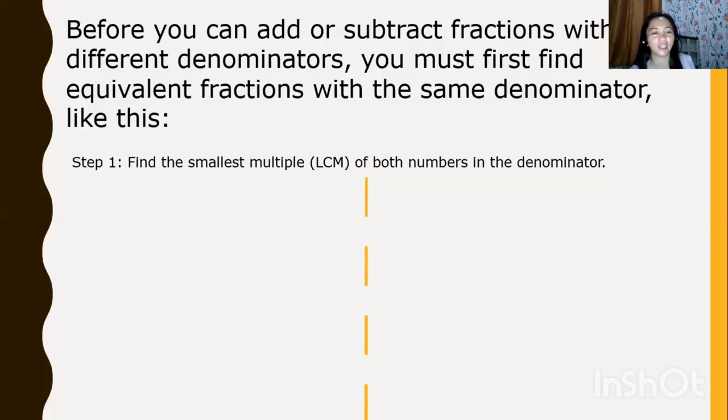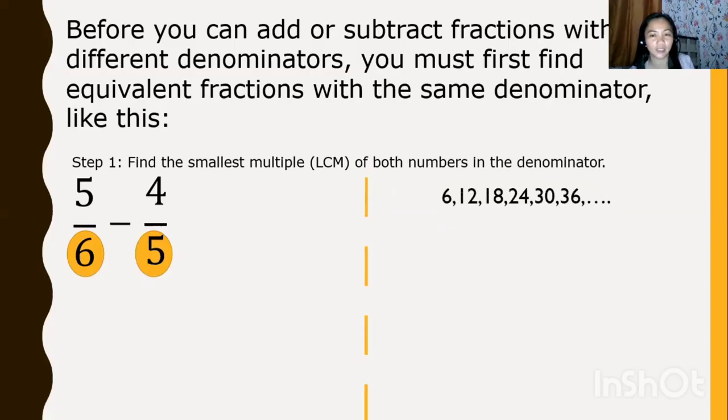What was our given earlier? We have 5/6 and 4/5, subtract it. So our denominators are 6 and 5. Let us list down the multiples. We have 6, 12, 18, 24, 30, 36, and so on.